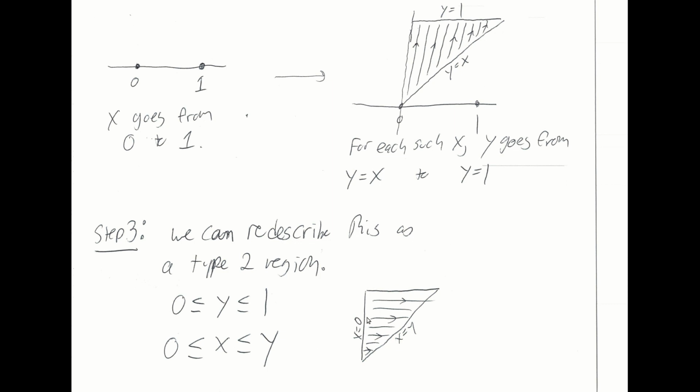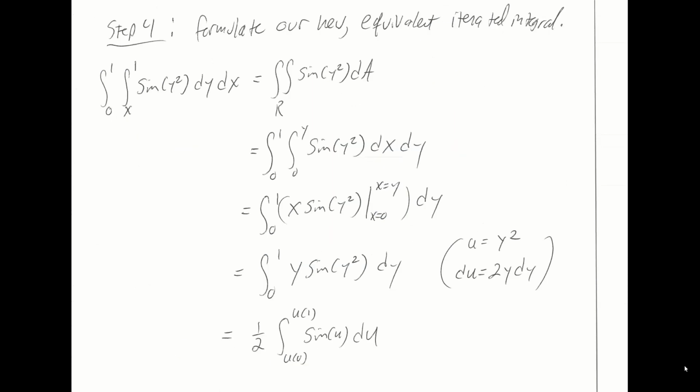So this vertical line here is the y-axis, which is given by x equal to 0. This sloped line was described as y equal to x before. We can write that equally well as x equal to y. So I've got x going from x equal to 0 over to x equal to y now. And those bounds for my two variables in the description of this region as a type 2 region are going to be the limits of integration for my new iterated integral.